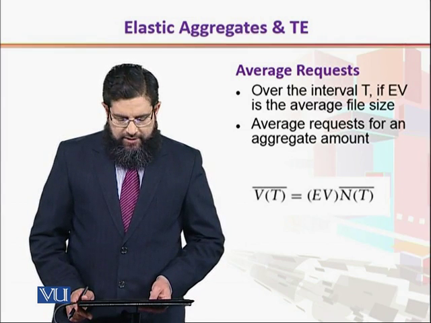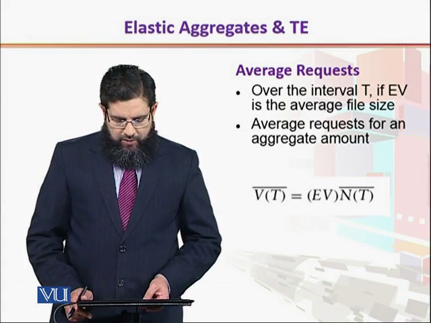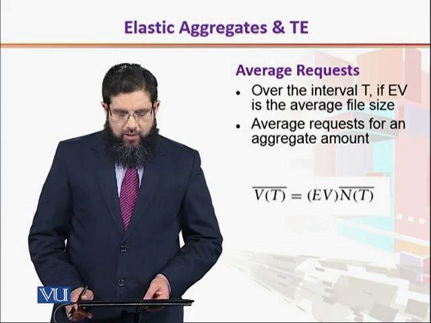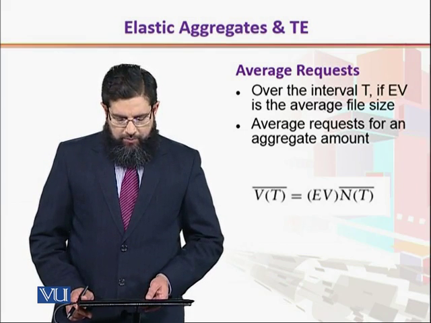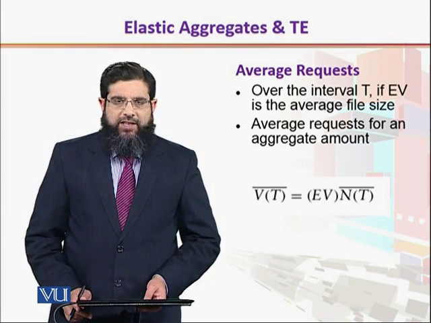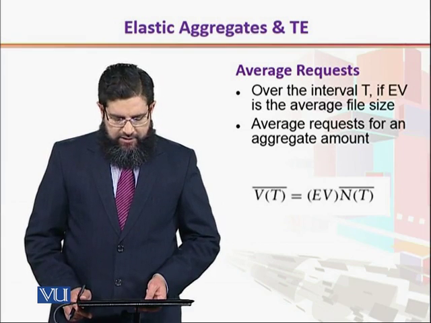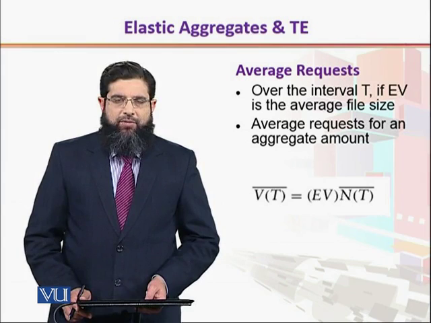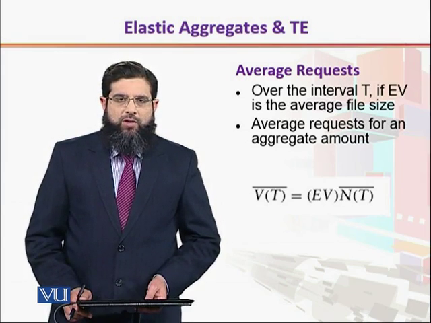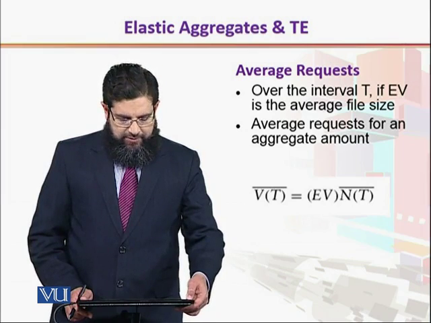Suppose that over the interval T, if EV represents the average file size, then the average requests for an aggregate amount form the mathematical relationship: the number of requests represented as NT times the average file size. This determines the average download file represented in bytes.